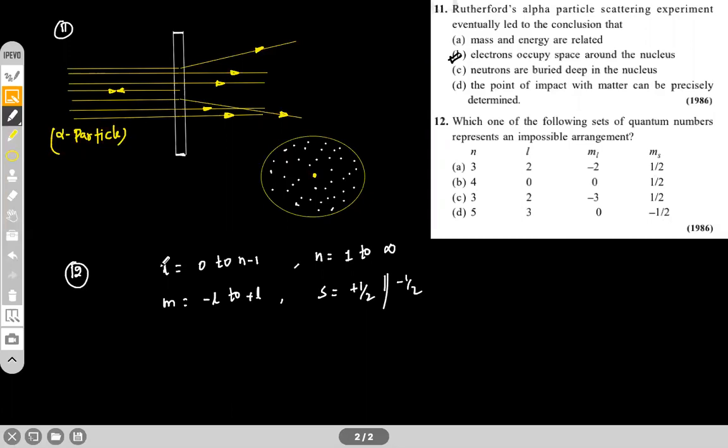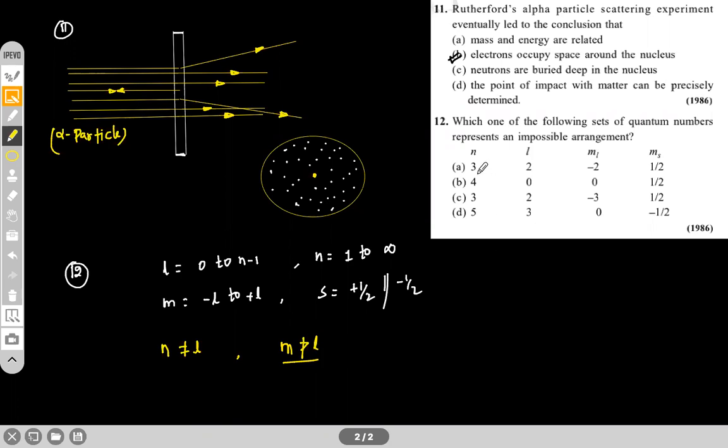Now look at l and m. First of all, l and n cannot be equal. Two things you have to keep in mind: n must not equal l, and m can be equal to l, but m should not be greater than l. This is the relation we have. It is an easy one.